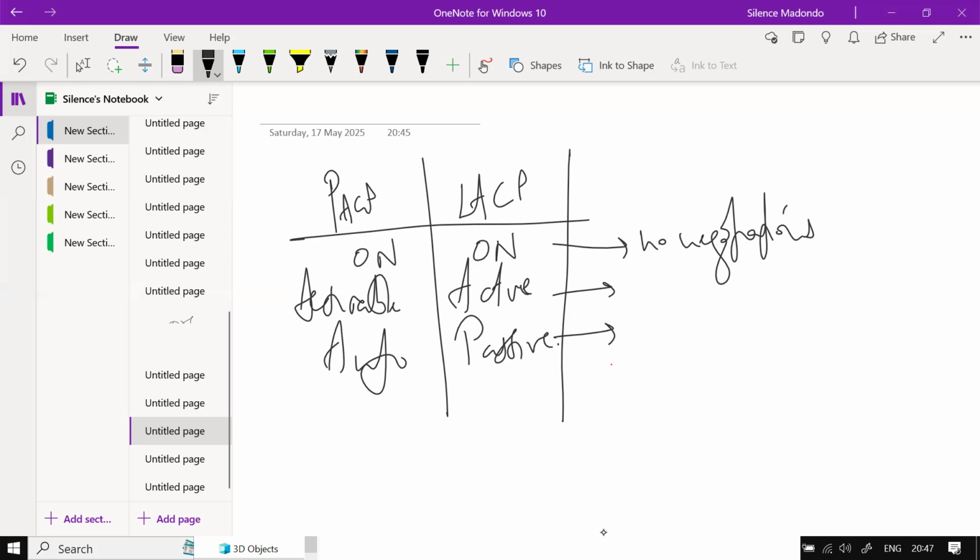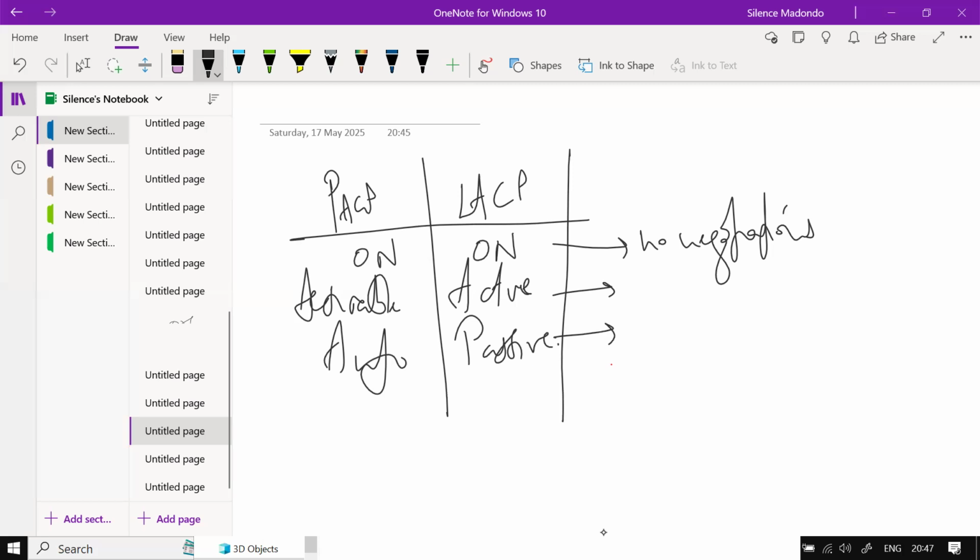With these two, negotiations are happening and packets are being forwarded. What's the difference between them? The difference between auto and passive, and active. It applies to both active and passive, or desirable and auto.